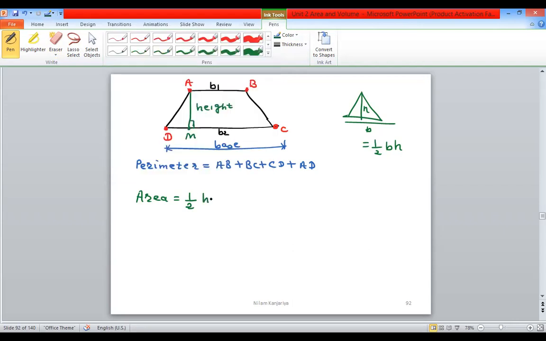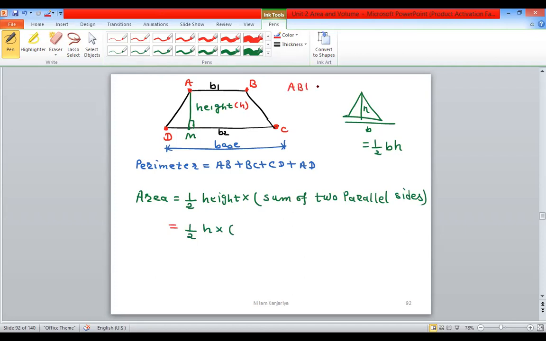height into base. Base means the sum of the two parallel sides. The height is denoted by H. This is your parallel side.